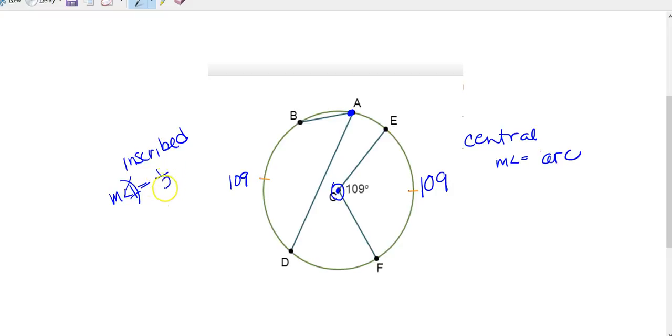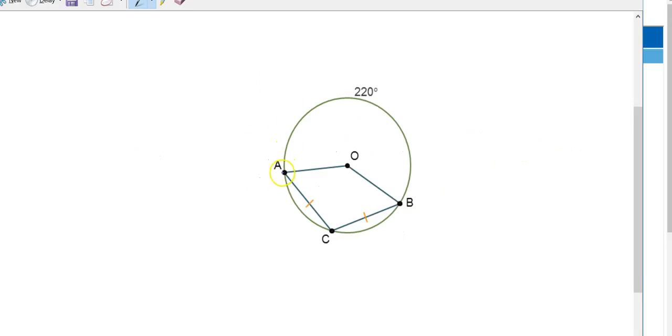It's equal to half the arc. Okay, so what's half of 109? 54.5, right?